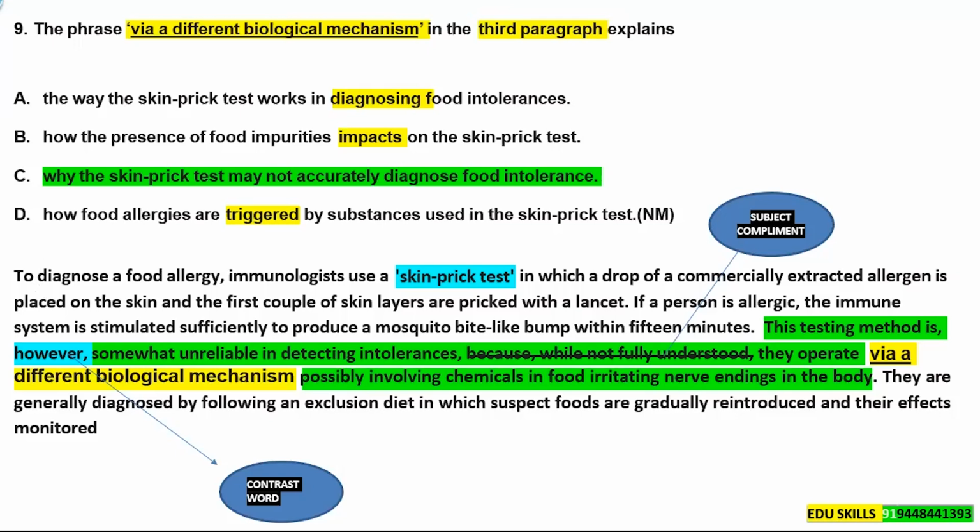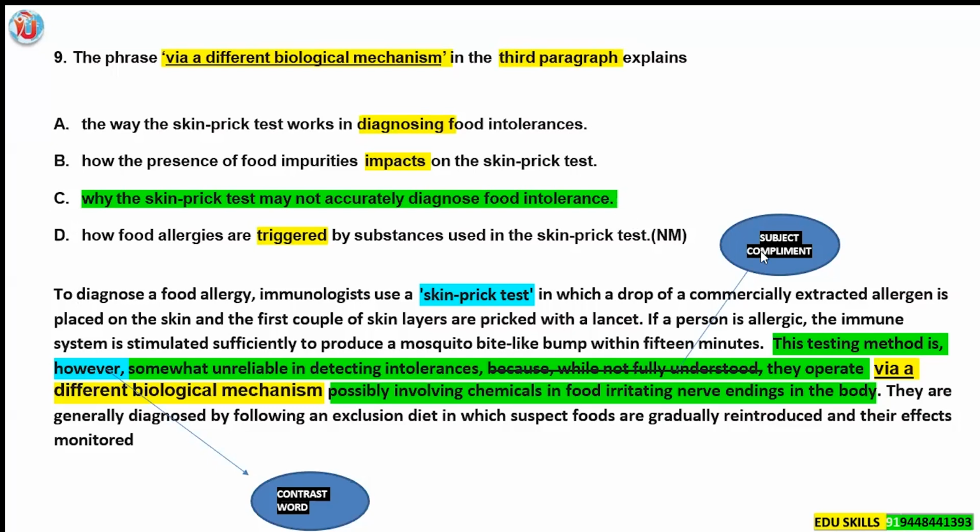So it is the same which is mentioned here. That is why the skin prick test may not accurately diagnose food intolerance. It is mentioned here that somewhat, after the contrast word, somewhat unreliable in detecting intolerance.